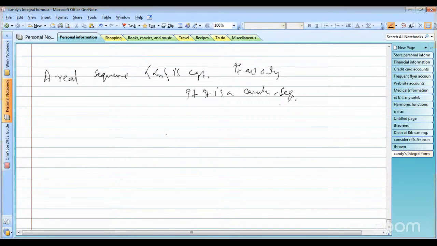So here it is also a Cauchy sequence. So there is another definition, and another definition, so many definitions for this one.